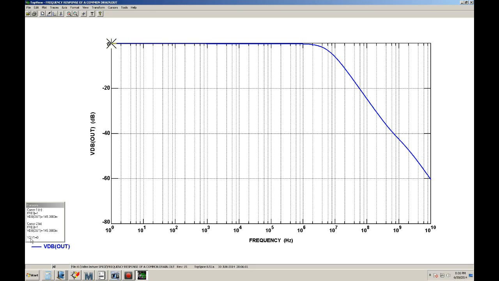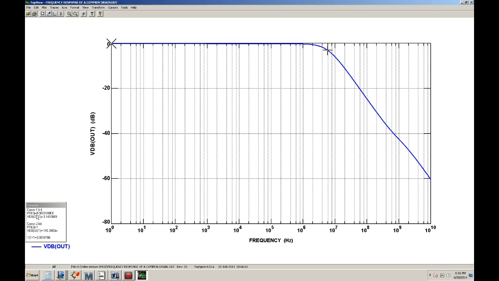So if you look here, I have x2 and, I'm sorry, y2 minus y1. As I go up in frequency, we notice that the delta increases. So I can keep incrementing this until I get close to 3, and there it is at 3.